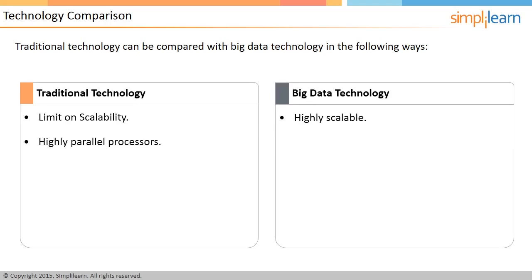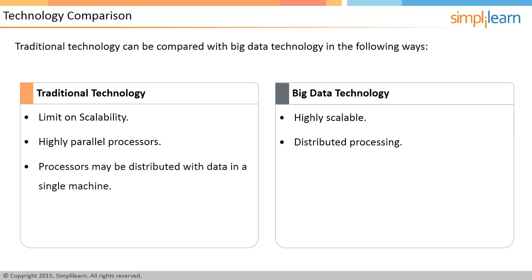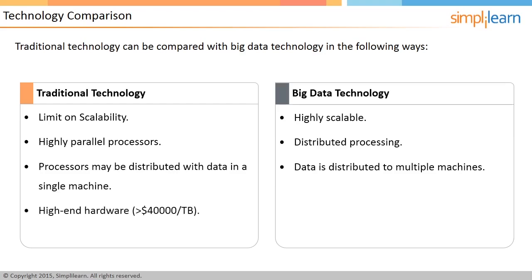In traditional technology, processors may be distributed with data in a single machine. However, in big data technology, the data is distributed to multiple machines. Traditional technology depends on high-end expensive hardware that costs more than $40,000 per terabyte. On the other hand, big data technology leverages commodity hardware that costs less than $5,000 per terabyte.